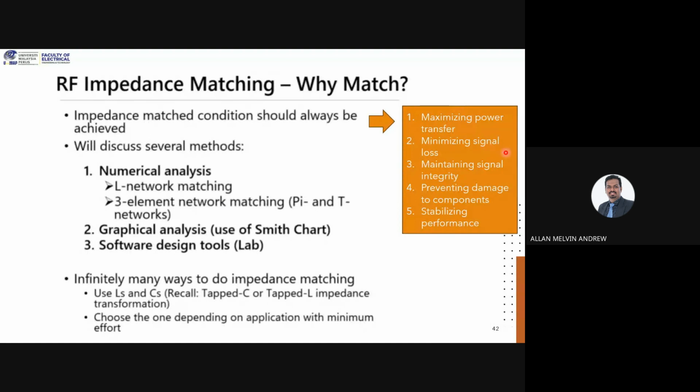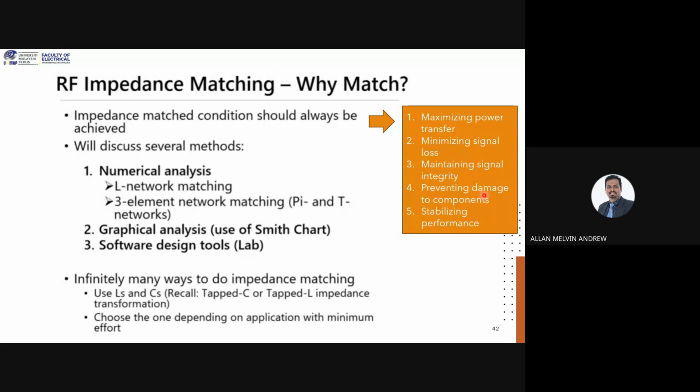We want to minimize signal loss, so we don't want any details lost in between the transmission. And we want to maintain signal integrity. If you are sending A, make sure the other person receives A, not B. That is what we call signal integrity.